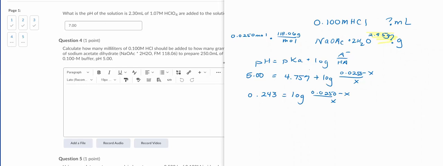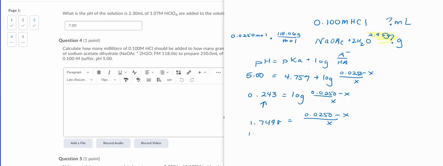Then I take the anti-log, or 10 to this being my exponent, and I get 1.7498. I have more digits. I'm just going to leave it in my calculator. And we are just working with algebra now.